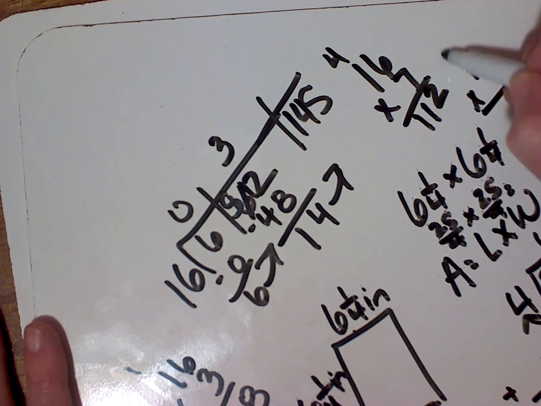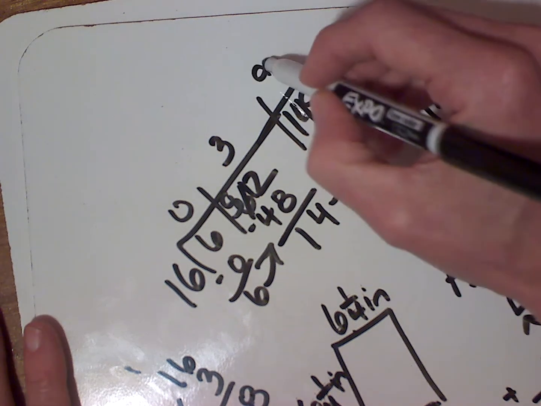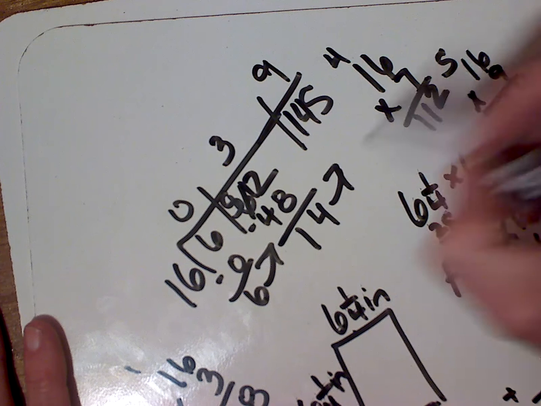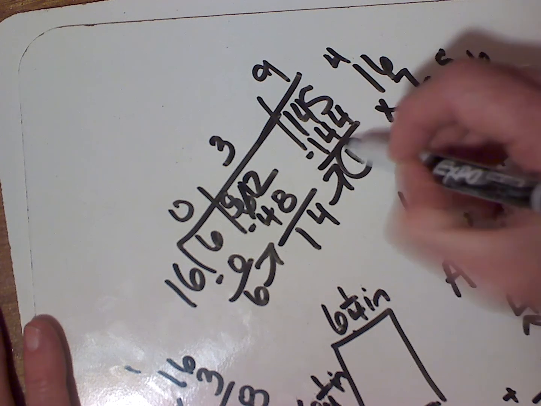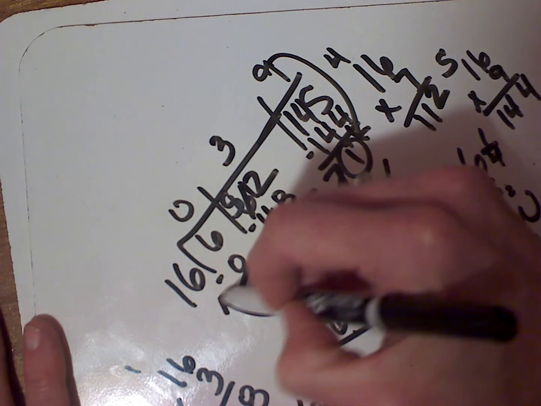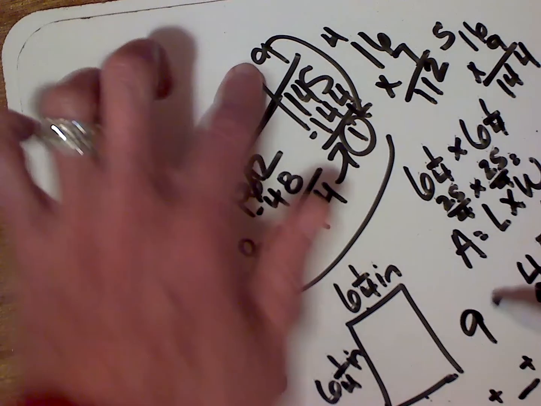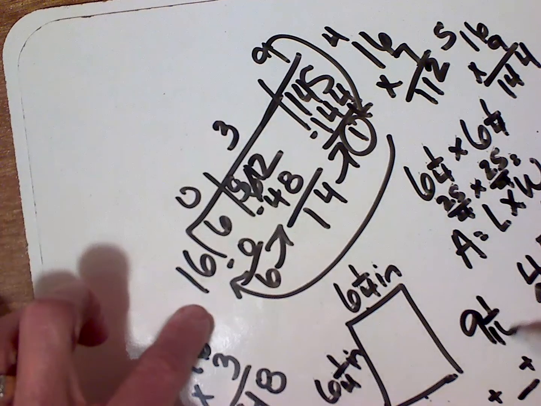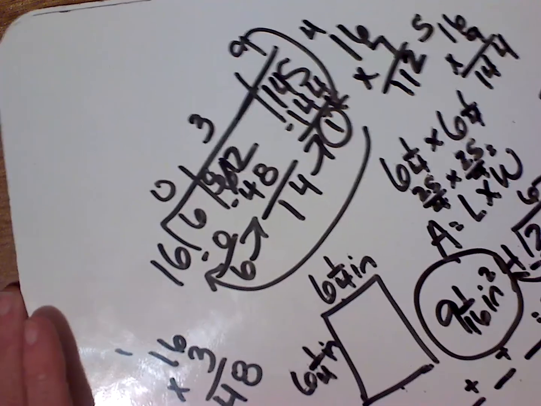That's 4, carry the 5, 9 plus 5 is 14. All right, so good choice with the 9. 144, subtract and get 1, and that's my leftover amount. Whole number, numerator, denominator. So my area is 9 1/16 inches squared. Great job. Keep it up.